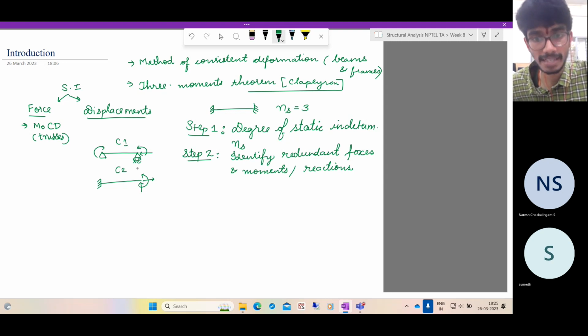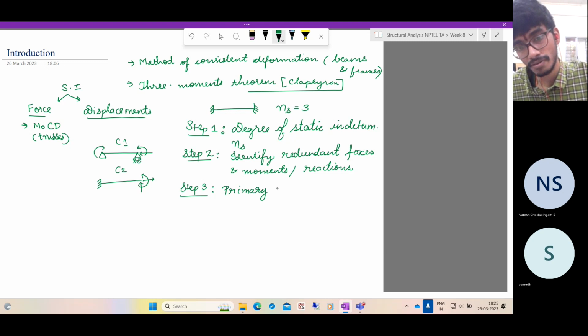Once we have identified the redundant forces or reactions which are unknown before solving the problem, the next step is to draw the primary structure subjected to external loading.